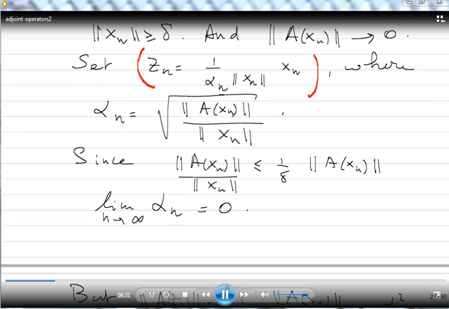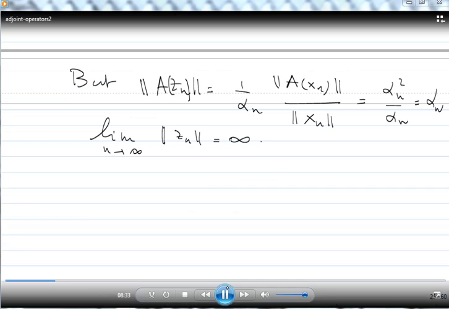So the norm of A of zn is not infinity, it is 0, because alpha n goes to 0.